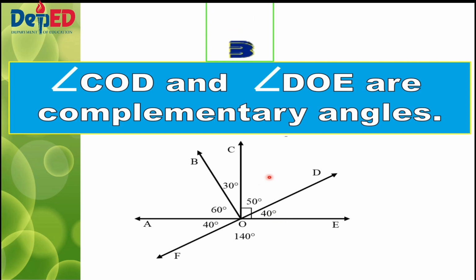Exactly, the answer is true. Angle COD and angle DOE are complementary angles because the sum of the measures of their angles is equal to 90 degrees. So therefore, they are complementary angles.